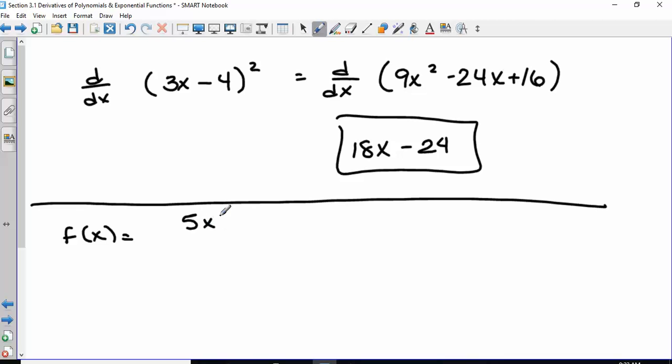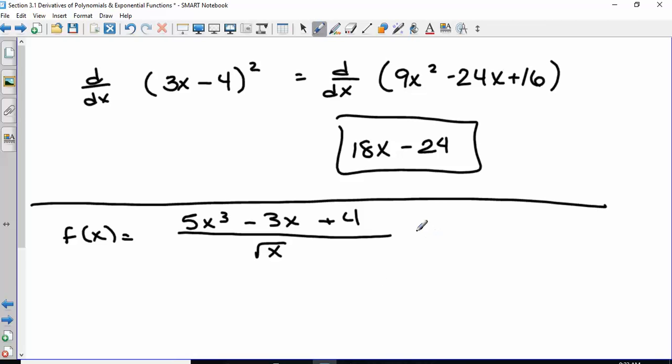If I said your function was like this, do we have a rule for how to do the derivative when things are divided? No. So we have to simplify all of this first.